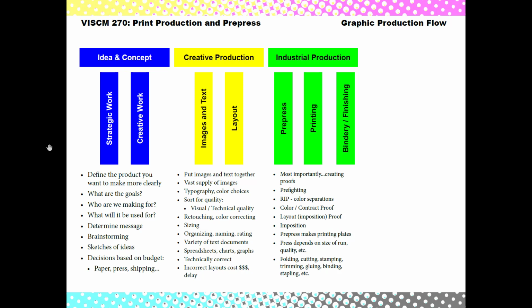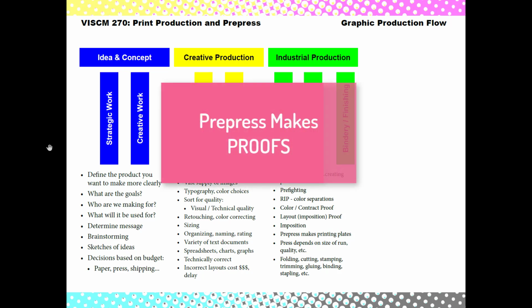When you give your files to pre-press, they will pre-flight them. They're going to take a look at them, tear them apart, look at them very closely, analyze them, look at your file formats, your color schemes, to make sure you have everything set up correctly, the document sizes, and all of that sort of stuff. And then most importantly, they'll make proofs, and those proofs will come back to you.